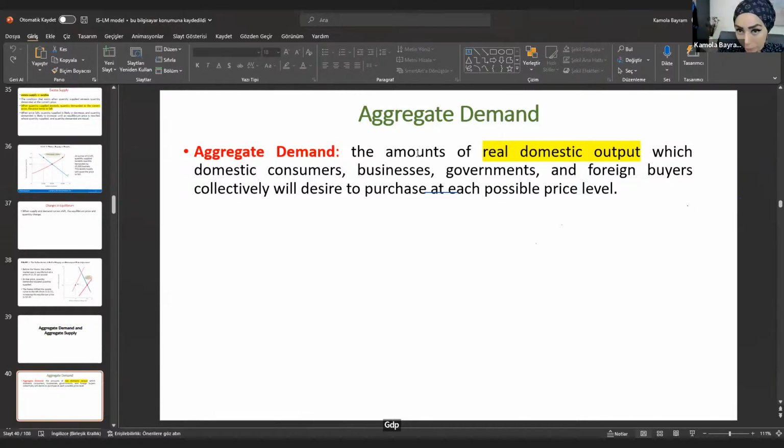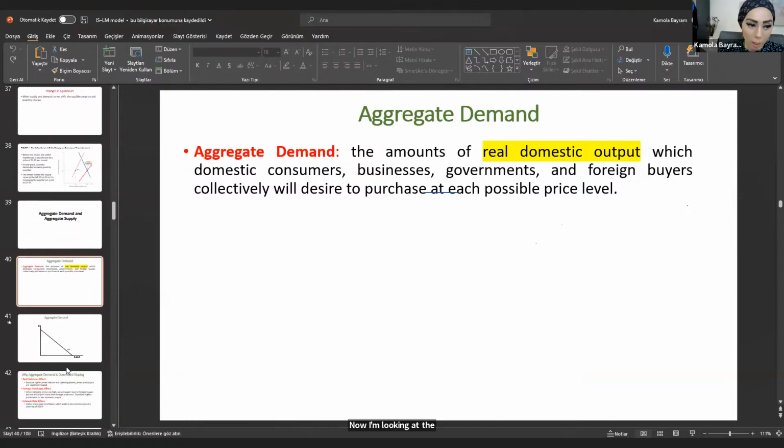So aggregate demand is the amount of real domestic output which domestic consumers, now I'm looking at the nation as a whole, businesses, governments, and foreign buyers collectively will desire to purchase at each possible price level. Now I'm looking at the wider picture.